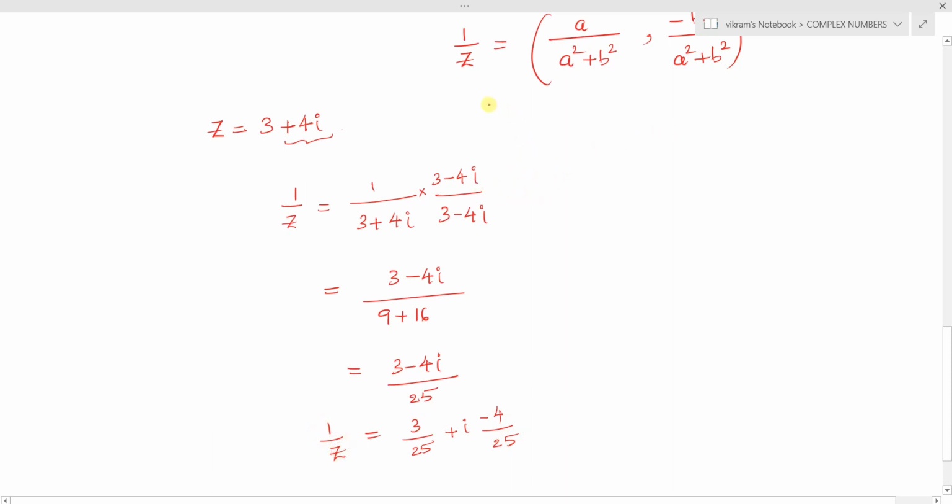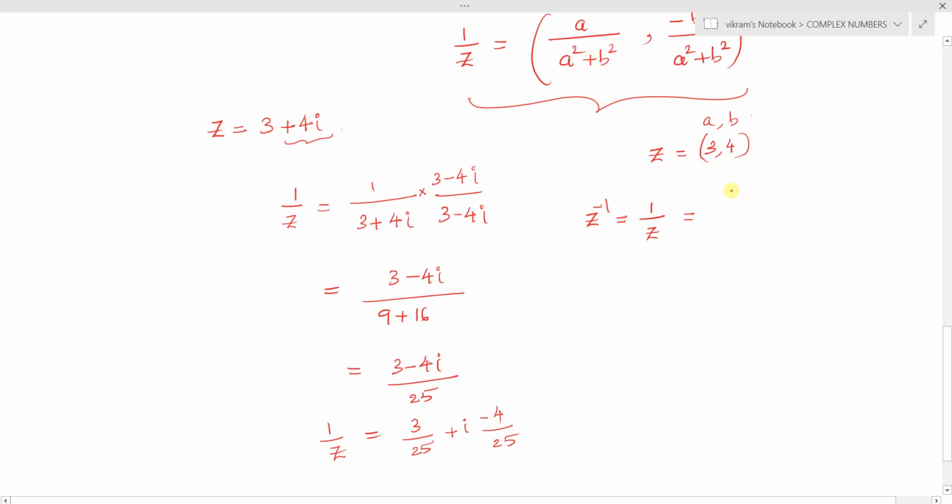Otherwise, by using the above formula, if you remember this formula, then you can write it as, if the complex number is given as 3 comma 4, which is nothing but a comma b, then we can write the multiplicative inverse as 1 by z, or you can represent it as z inverse also.